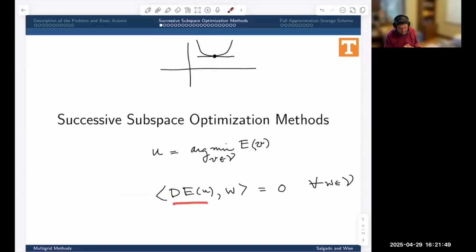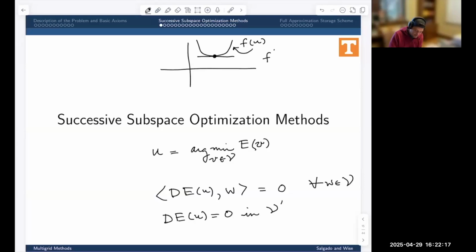Okay, so there's the derivative. And so this is essentially saying the derivative is equal to 0. By the way, if you're into functional analysis, the way we write this is as follows. We say that this is equal to 0 in the dual space. Okay, so it kind of is the same thing as something up here. So this might be f of u.